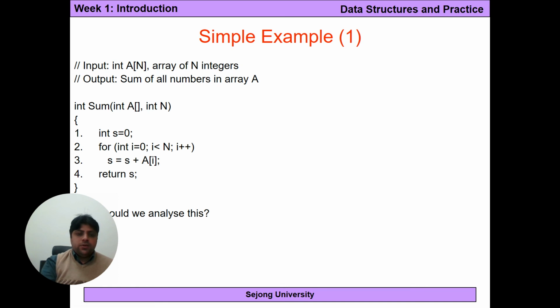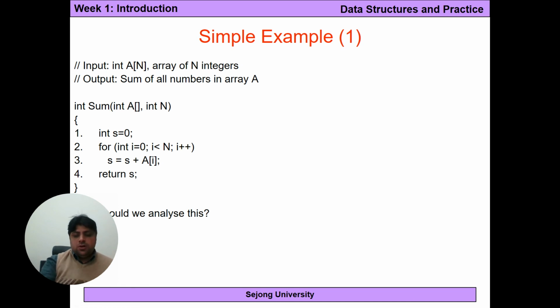So we are storing it in s equal to s plus A of i. Here s is the previous value of s from the previous iteration, and A of i is the array, where on every iteration the value of i is updated. So it would add to the previous value of s and store it into s as the new value. When this loop is finished, it would return the value of s.